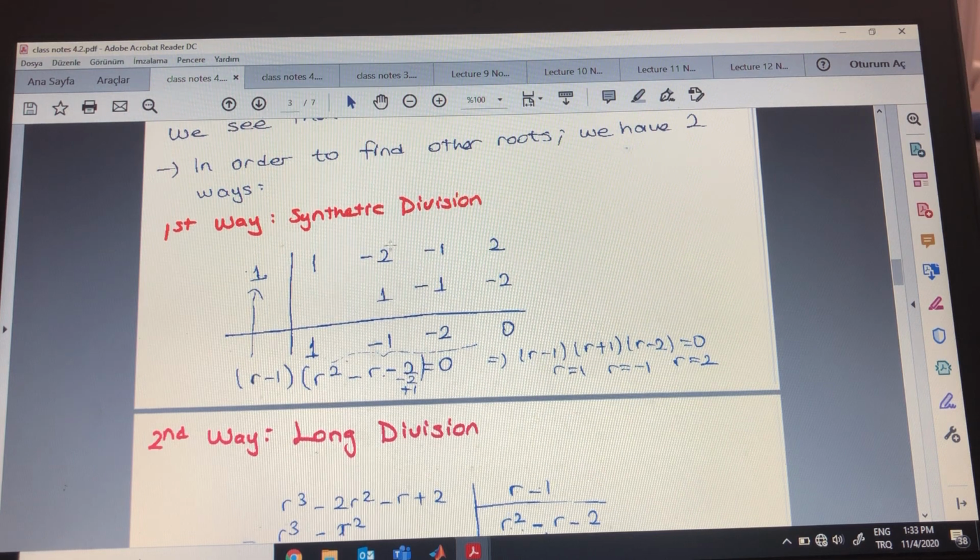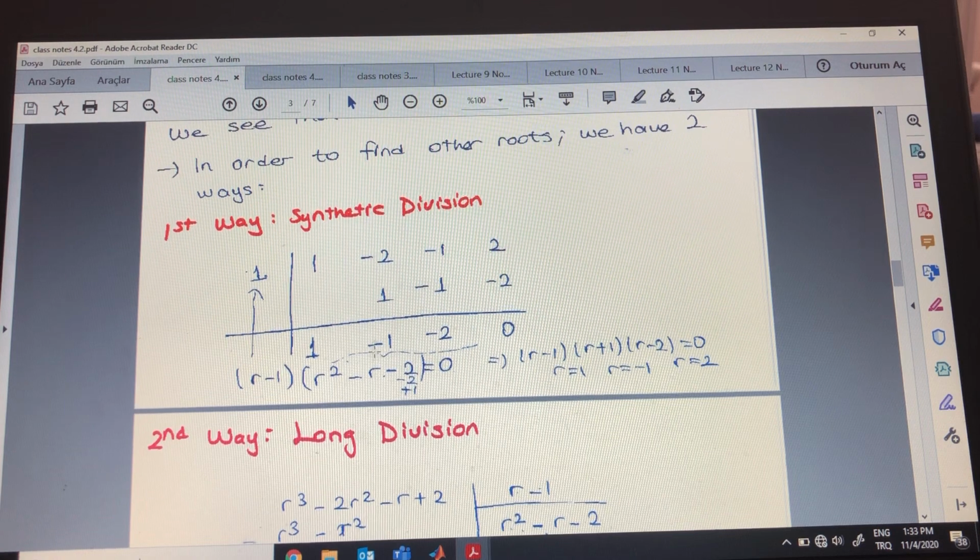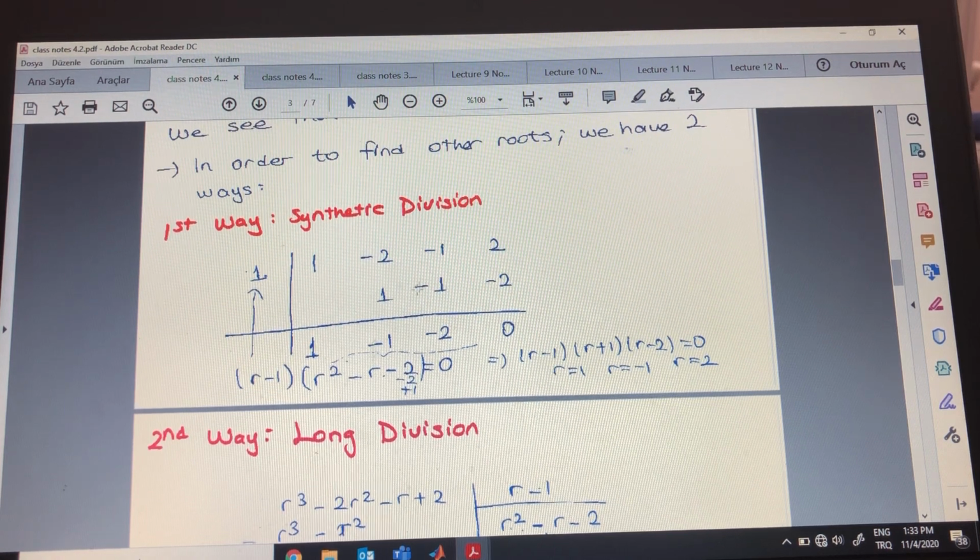Put it in here, add them, negative 2 plus 1, negative 1. Negative 1 times 1, you are always multiplying with the root that you found, which is 1. You put it in here, add them, negative 2. Negative 2 times 1, negative 2. Once you add them, 0. And these are going to be the coefficients of the remaining polynomial.